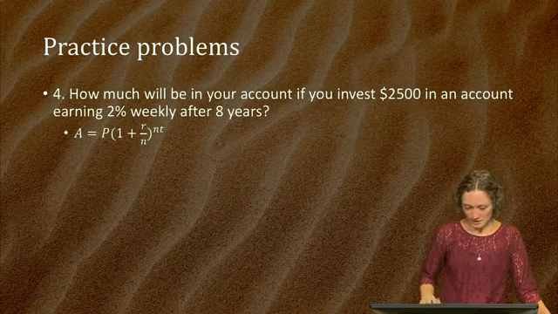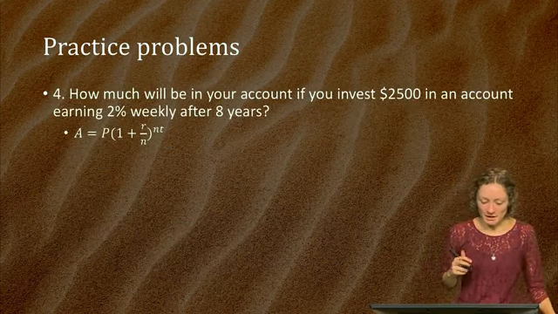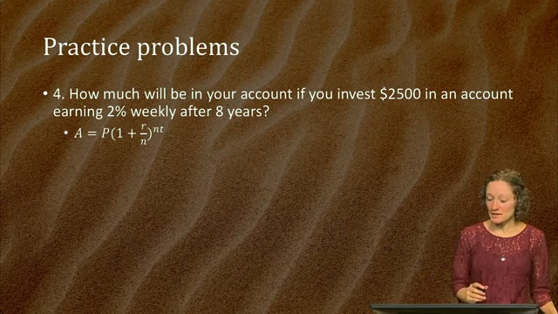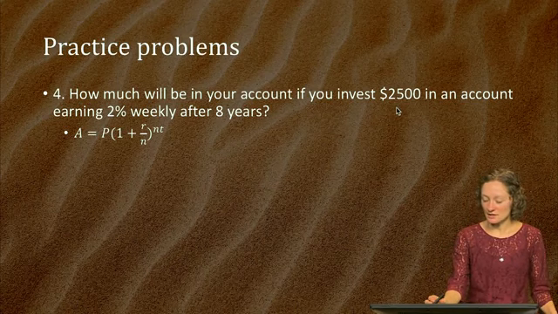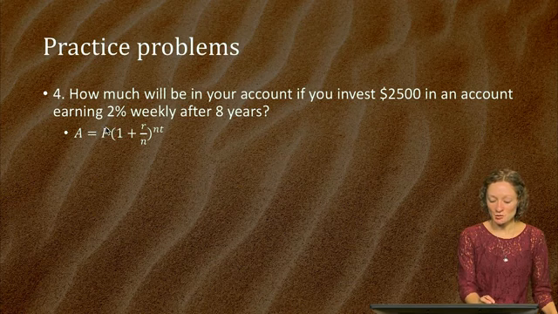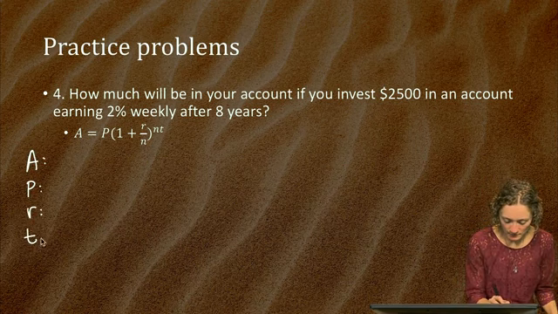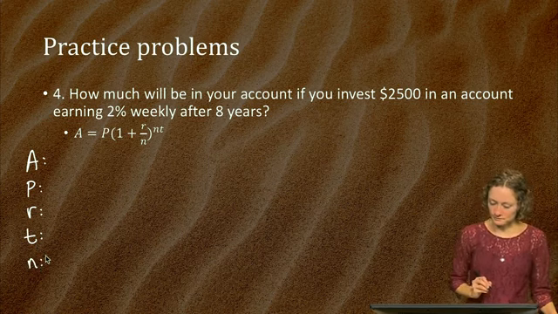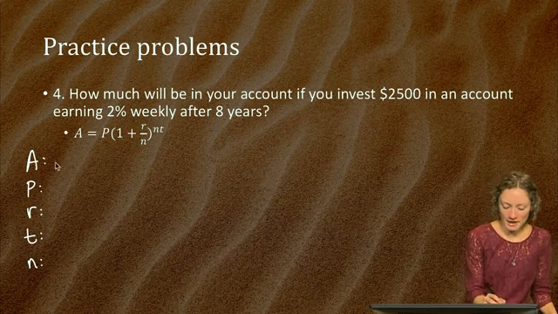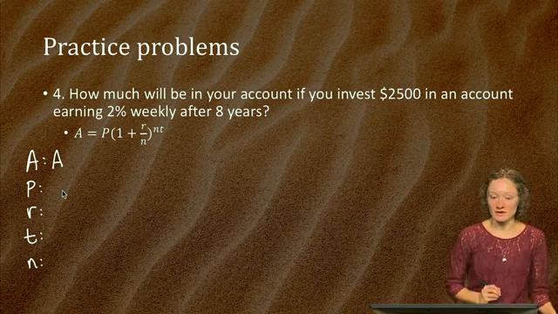All right. And our last practice problem. How much will be in your account if you invest $2,500 in an account earning 2% weekly after 8 years? So here's our given formula. Let's see which variables. How much will be in your account? So we're looking for this outcome variable.